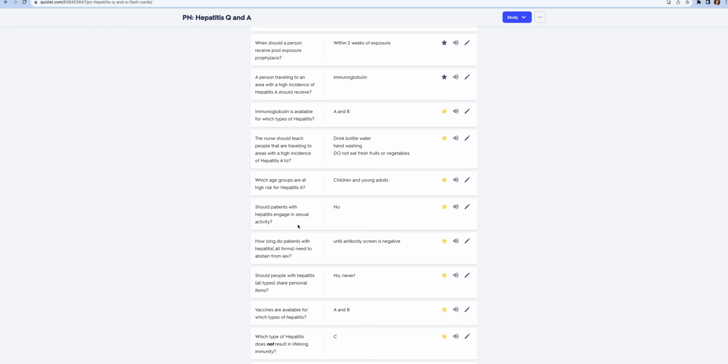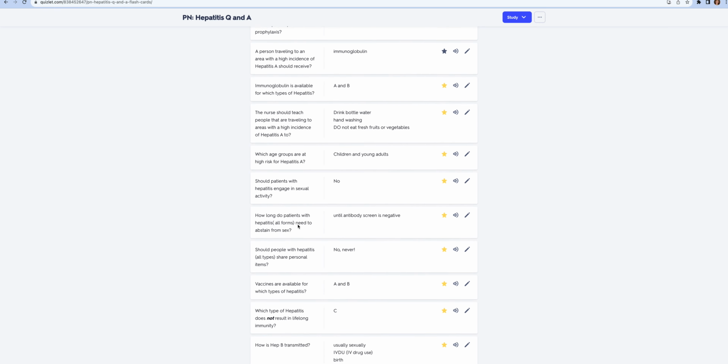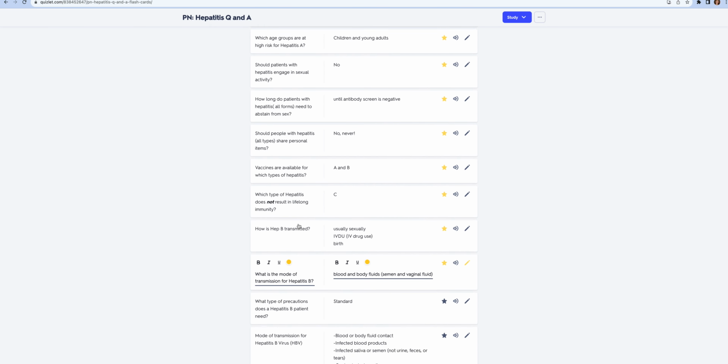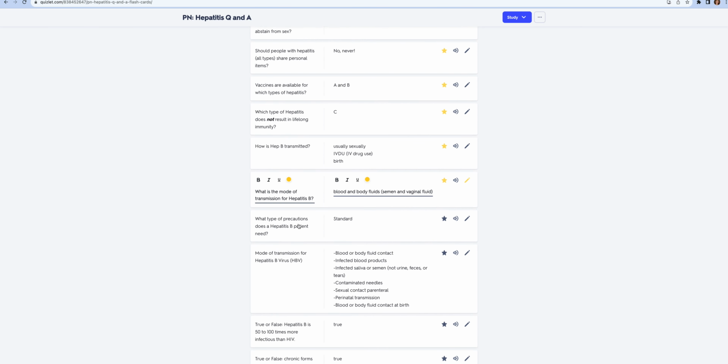So to prevent hepatitis, you're going to tell your patients to have safe sex. Once they get it, they cannot have sex until the antibody titer comes back negative, or the antibody screen. They can't share personal items. And having either hepatitis A or hepatitis B is going to result in lifelong immunity. However, that's not true for hepatitis C because there's so many different strains.